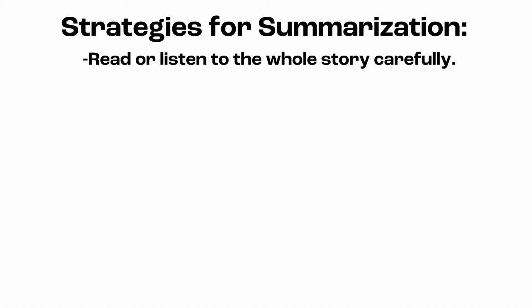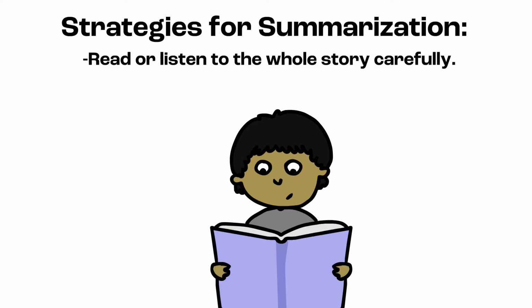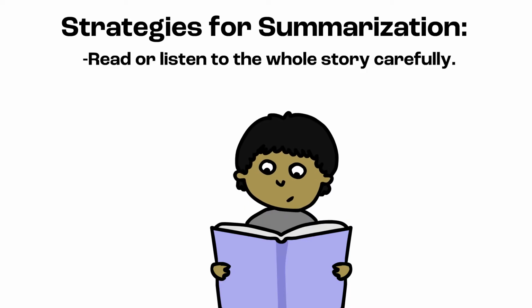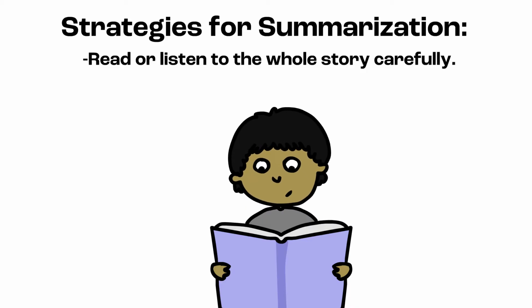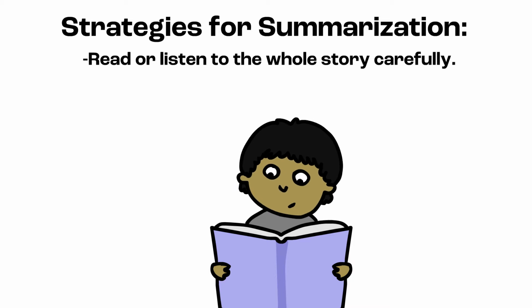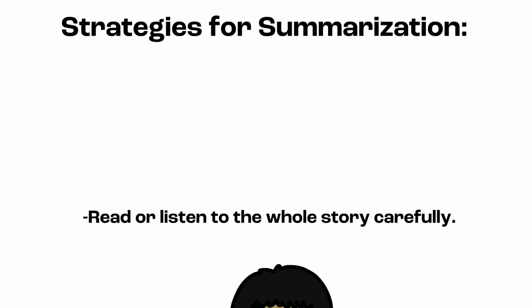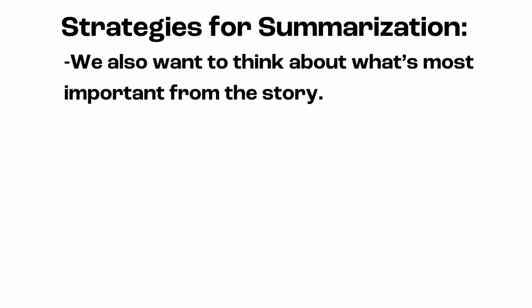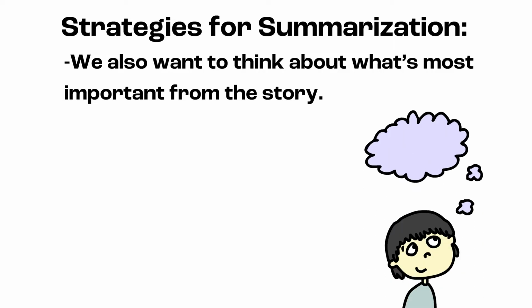Here are some strategies to help you summarize information better. First, you should read or listen to the full story carefully. We want to make sure that we can fully understand what is going on in the story, so that we are correct with summarizing our important details. We also want to think about what's most important in the story. When we think about summarizing, make sure we think about the biggest things that happened.